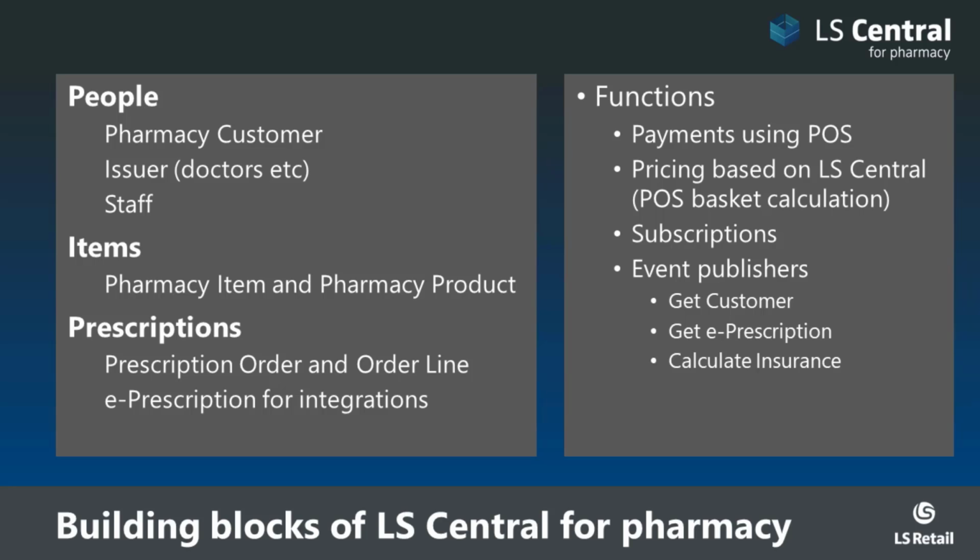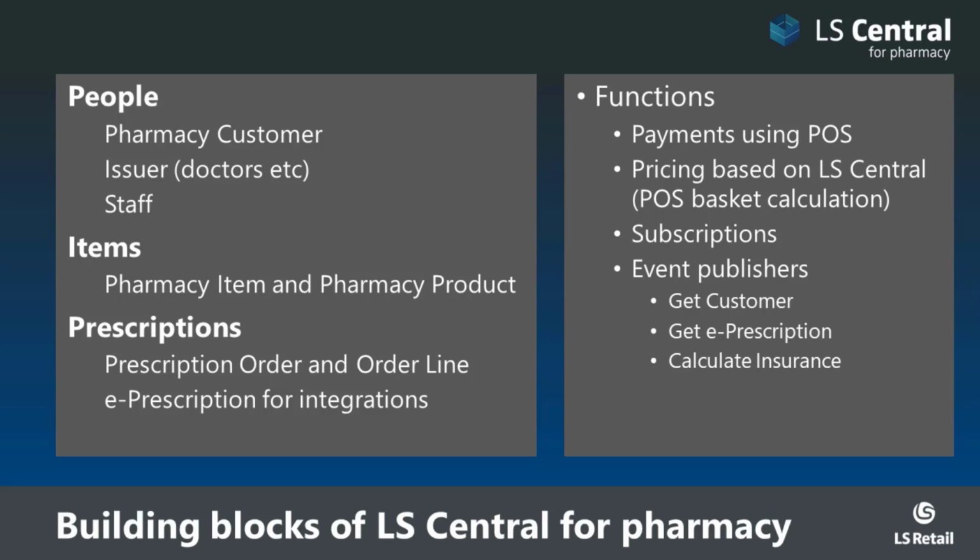For example, you can have an item like ibuprofen, 600 milligrams, sold in a pack of 30 and a pack of 100. These are two items, but it's the same product because it's just the pack size that's different. Then we create that as one pharmacy product with two items for a 30 pack and a 100 pack.